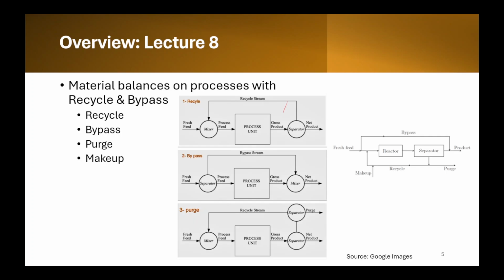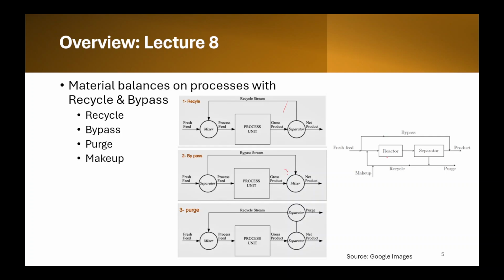This figure shows you overall how the different process streams are there. A fresh feed may come in. Some of the feed may be bypassed over the system, so that some of the reactants don't really go into the system.